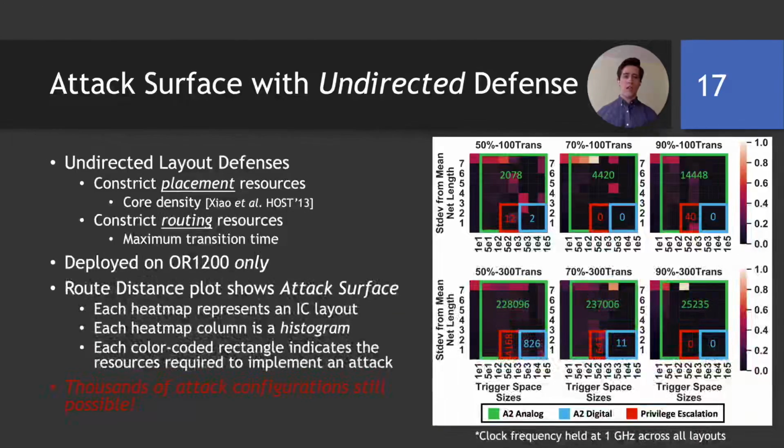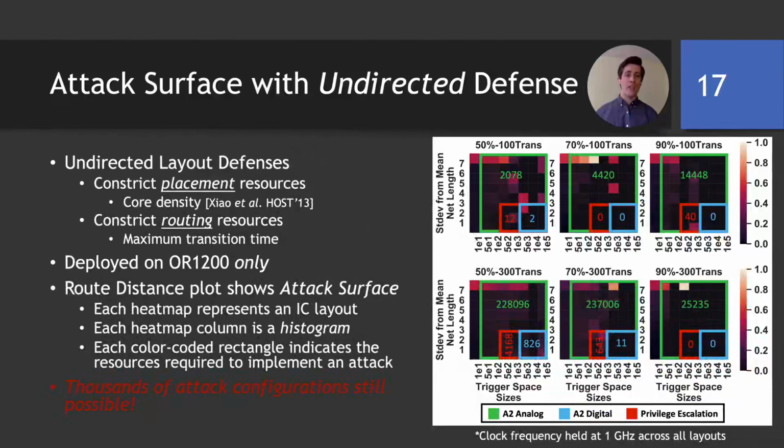First, we compare the attack surfaces of 6 different OR1200 circuit layouts that demonstrate the effectiveness of undirected layout level defenses that either one, constrict placement resources by increasing the core density to various degrees, or two, constrict routing resources by tuning performance constraints like maximum transition time. We plot route distance heat maps detailing the attack surface across each IC layout.